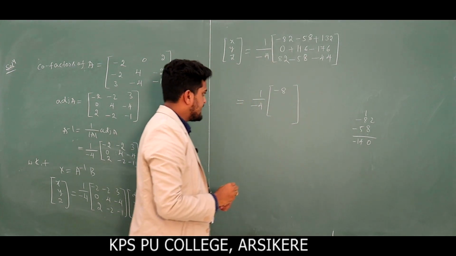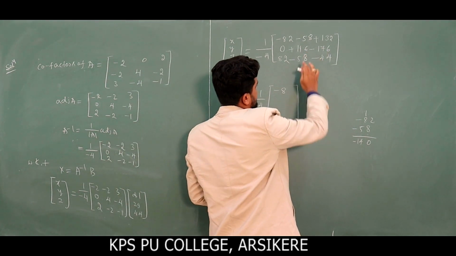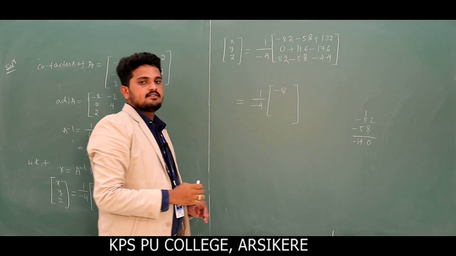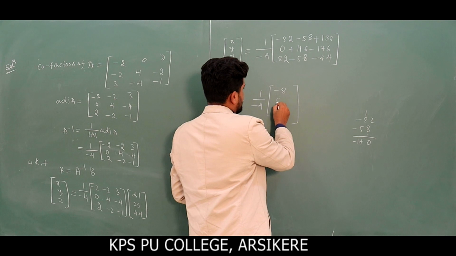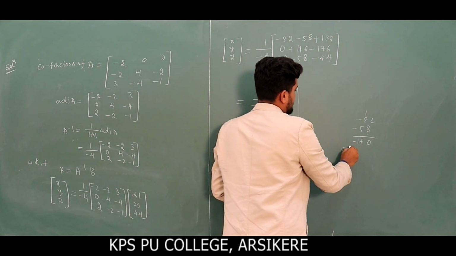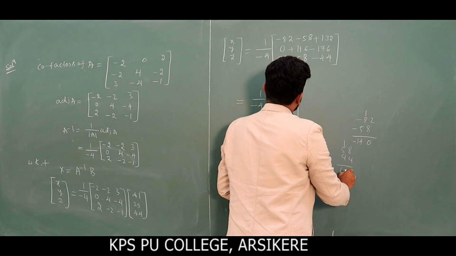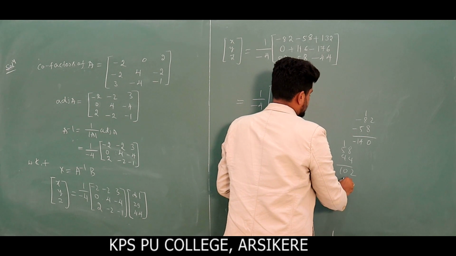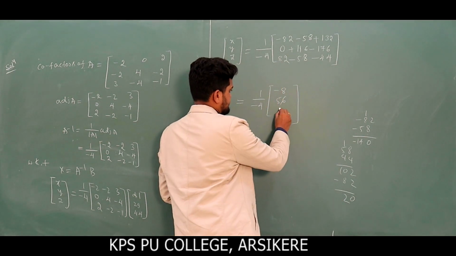Second one, 116 minus 176, minus 60. Then 58 minus 44, so 14 minus 82 minus 20.